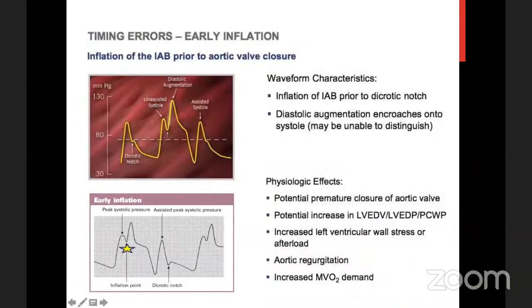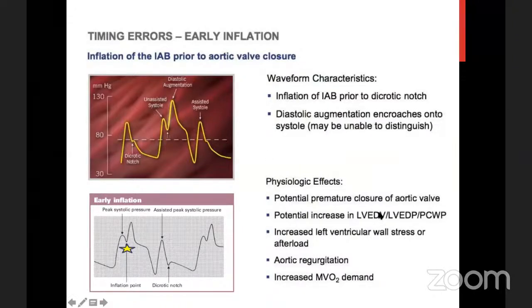So about errors, we'll start with early inflation, which is inflation of the balloon prior to aortic valve closure. The characteristics are inflation of the balloon prior to the dicrotic notch, so it's early, and diastolic augmentation encroaches into systole, so it may be difficult to distinguish through this diagram.